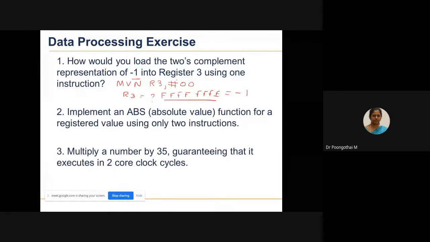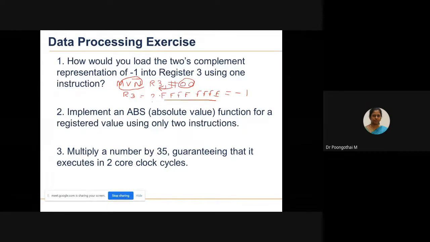So using the move not instruction, we can load 2's complement representations in the corresponding register. This will perform a 1's complement operation. After that, the result is transferred to R3.